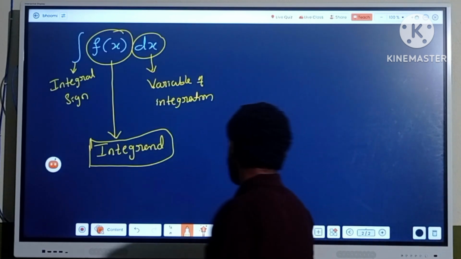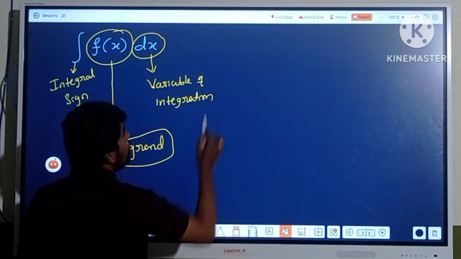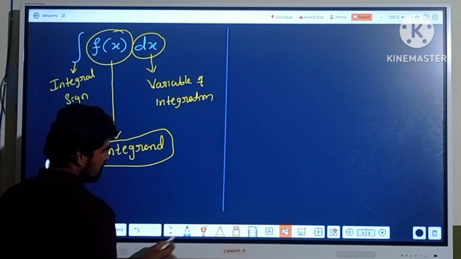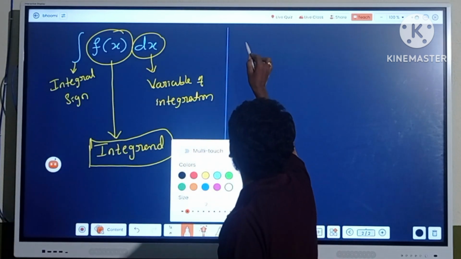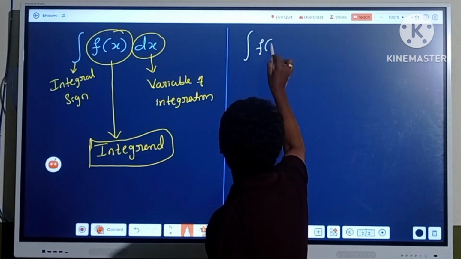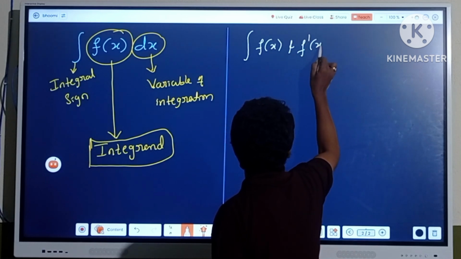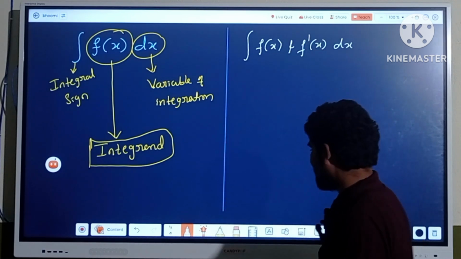So let us discuss briefly about it. See here, if we need to integrate f(x) and its derivative f'(x) with respect to x, see the integrand here.